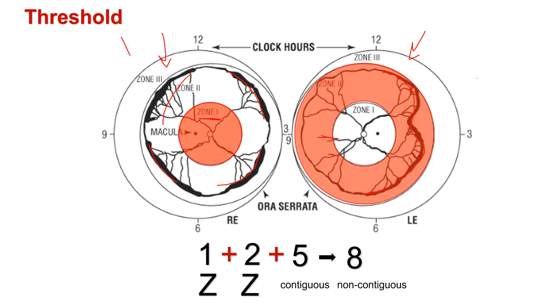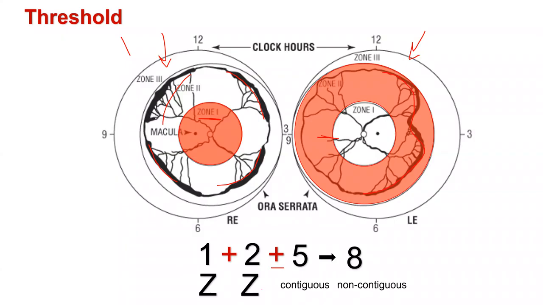In zone 2, you will find involvement of 5 contiguous clock hours like that, or 8 non-contiguous clock hours. With plus disease, this is an indication for treatment.